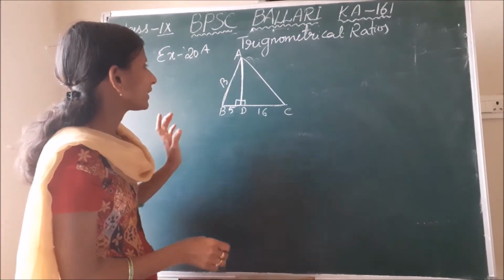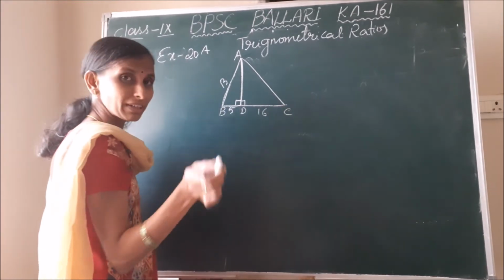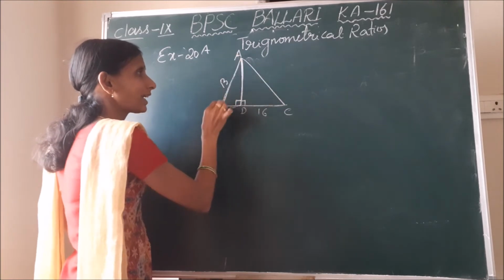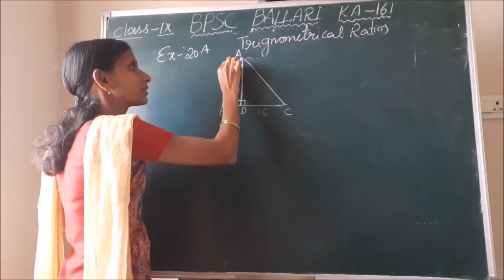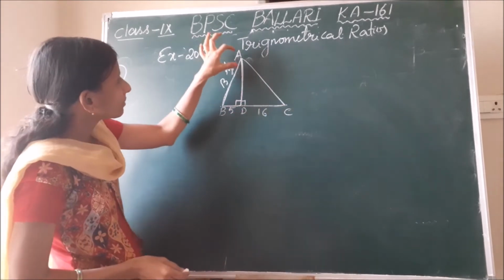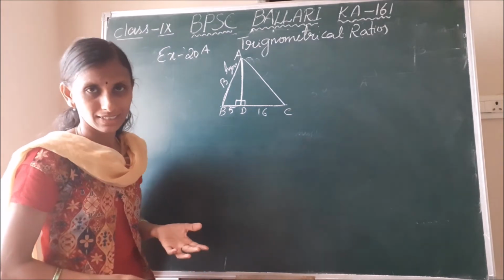In triangle ABD, see here it is a right angle. They have mentioned that in the textbook. So AB will be the hypotenuse, and we know one side here. From that we can find the other side by using the Pythagoras theorem.